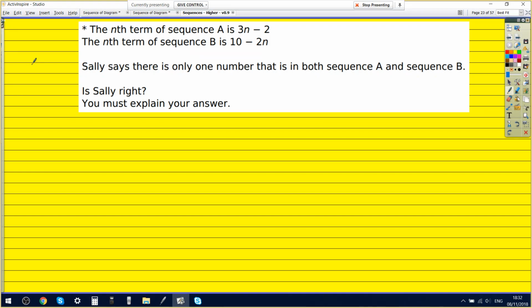Okay, how would we do this? Sequence A is 3n.